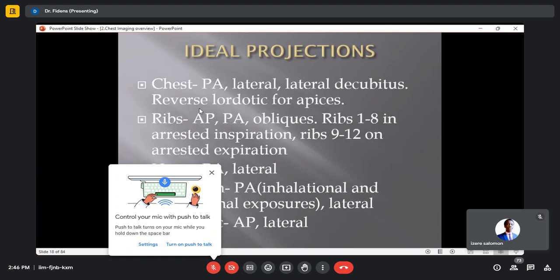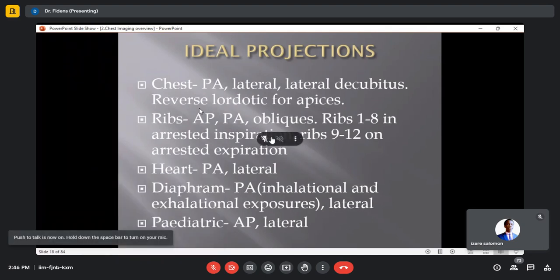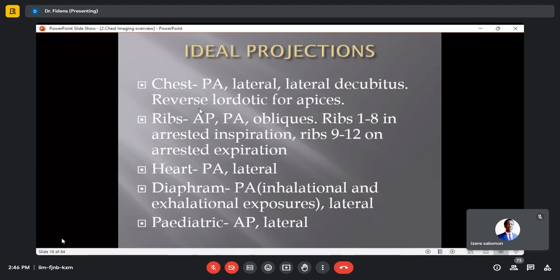Okay. I have already explained this. Normally, we do chest PA most routinely, and there are some advantages. Remember the heart is in the anterior aspect of the chest.